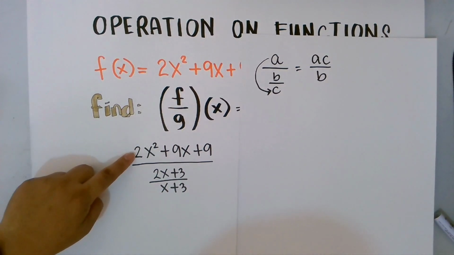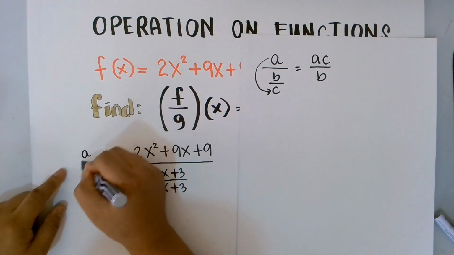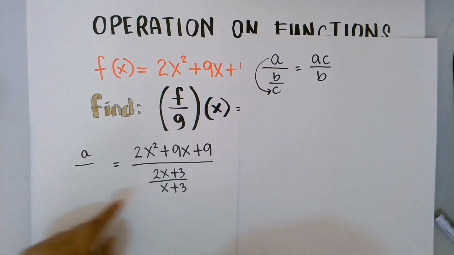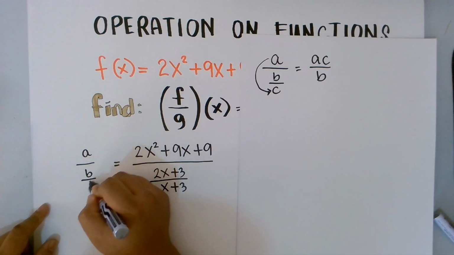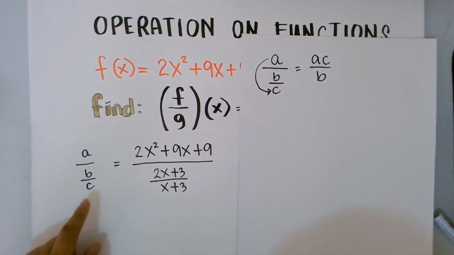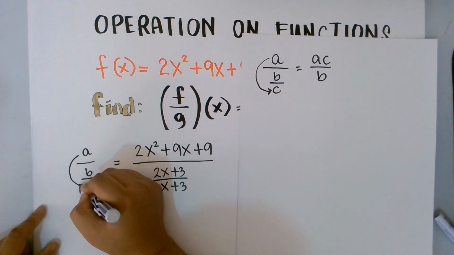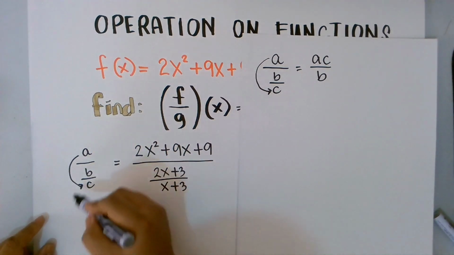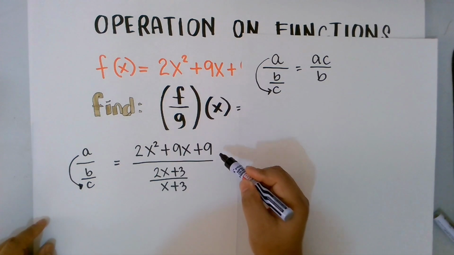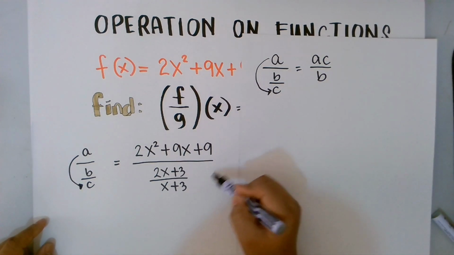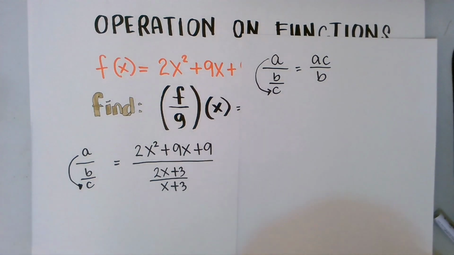Because you see this 2x squared plus 9x plus 9, that is our A. And our rational fraction is the fraction B over C. So, therefore, we will multiply the numerator to the denominator of the fraction denominator. So, the 2x squared plus 9x plus 9 will be multiplied by x plus 3.